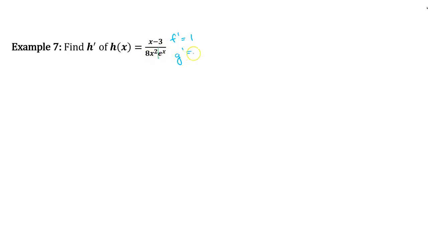So, f prime g plus fg prime. So if this bit up front is my f and this bit behind is my g, just for this one little piece, then f prime would be 16x and g prime would be e to the x. So the blue g prime would be f prime times g plus f g prime. Okay.